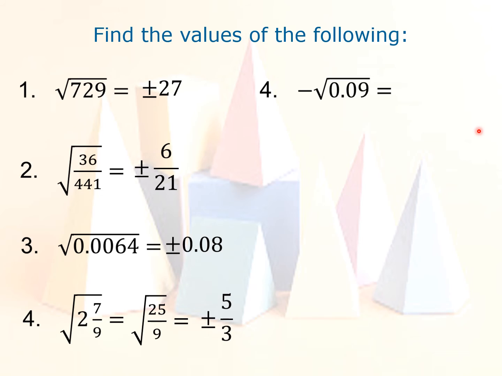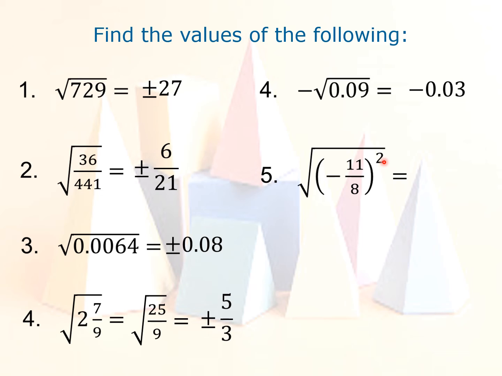Now let us have another one. Negative square root of 0.09. We all know that the square root of 0.09 is 0.3. And since we have a negative before the square root, the answer is negative 0.3. Now example number 5, the square root of negative 11 over 8 to the second power.